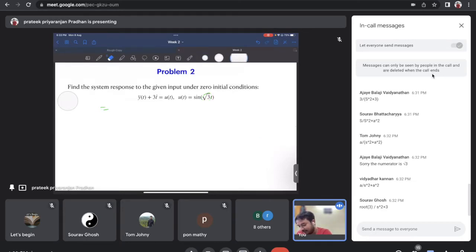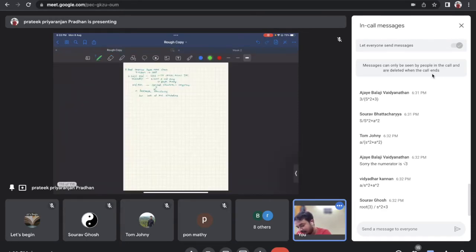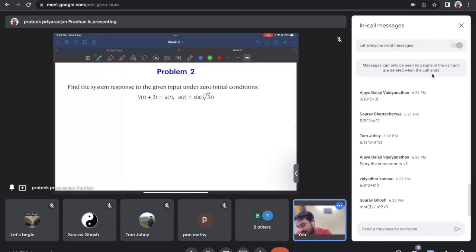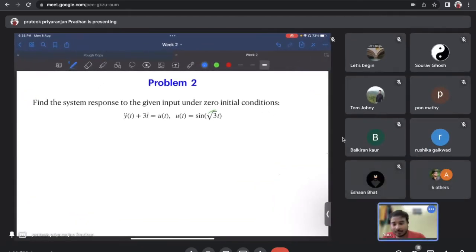I'll remove these things. So the question is, okay, let's do the Laplace transform. If you have pen and paper, do it parallelly. Okay, it's s square Y of s plus 3s Y of s is equal to root 3 by s square plus 3.